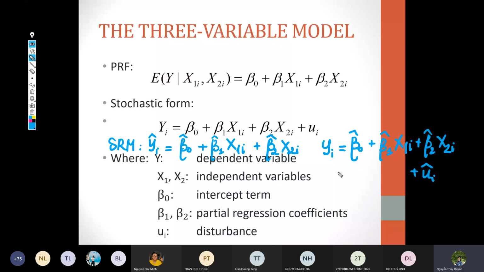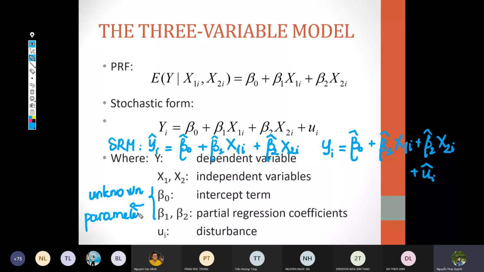As you can see, we also have three OLS estimators of the unknown parameters here. Beta 0, beta 1, beta 2 are the unknown parameters, because we don't have the data for the population.